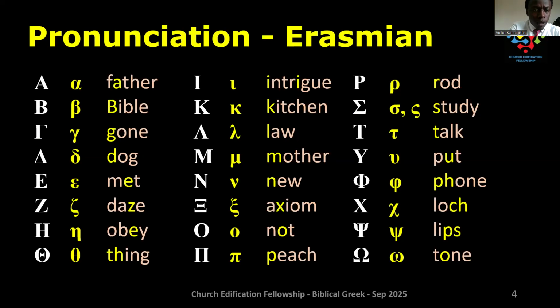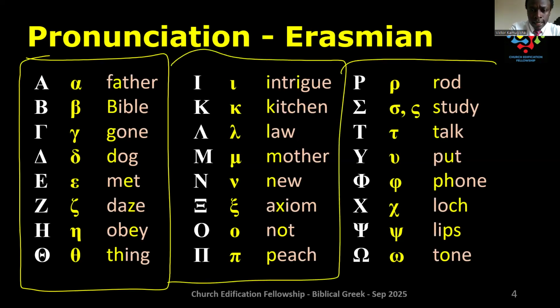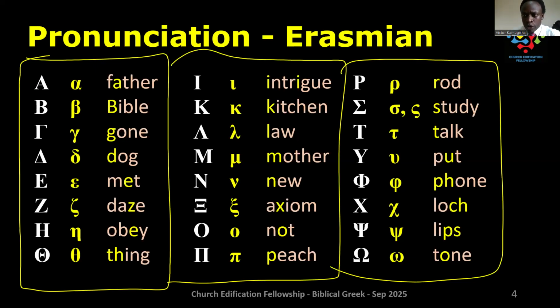So, what do we have here? I have three major columns. I have this column, and I have the next column, and then the third column. We're going to start with the first column to see how to pronounce those particular letters. The alpha is pronounced as A, just like in the word father.